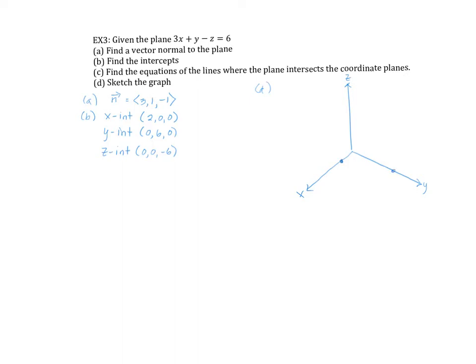Y is 6, maybe about here. And z is negative 6. So we have our axis coming down. And if I were to draw the lines intersecting, the intercepts, that's what we're supposed to be finding the equations of in part C. These 3 lines that are intersecting are 3 intercepts. So here's our plane passing through these points.